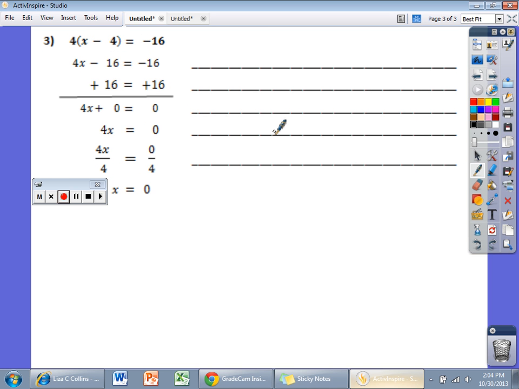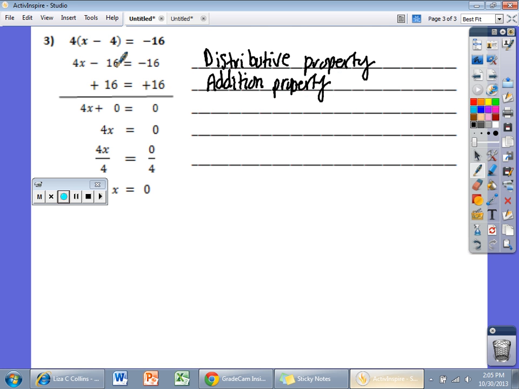Okay, and the last one I'm going to do with you here is problem number 3. So our first step going from here to here, we know this one pretty well. It's the distributive property. Okay, we have negative 16 plus 16. We're adding 16 to both sides, so that's the addition property. Okay, the negative 16 plus 16 gives us 0, so that's the additive inverse property.